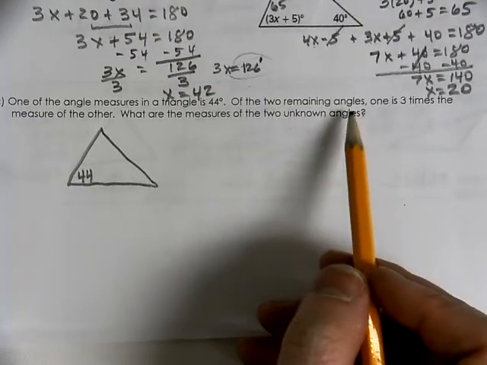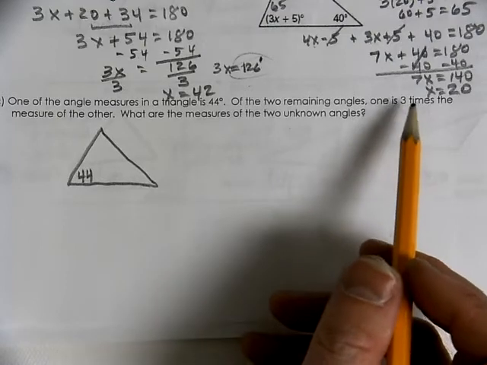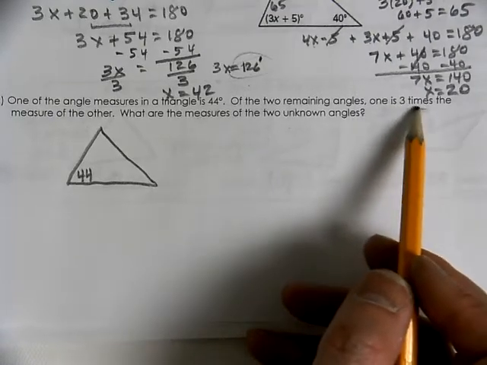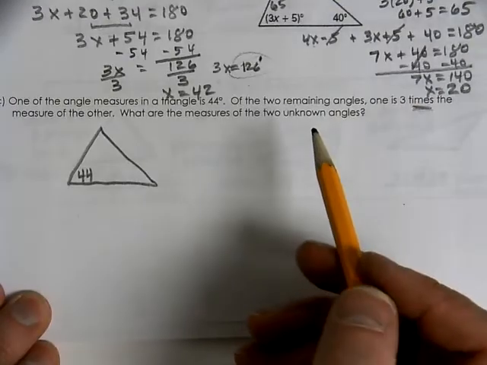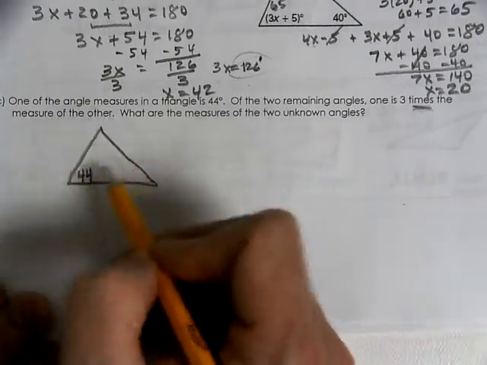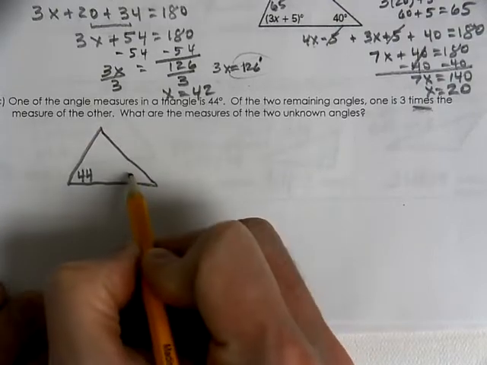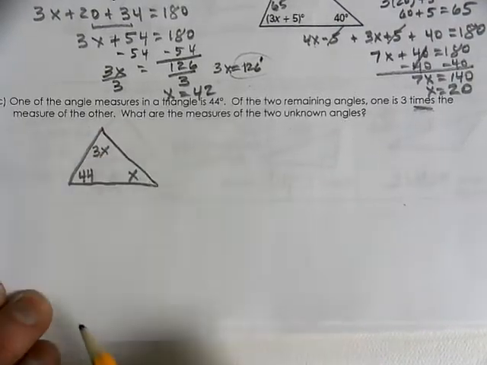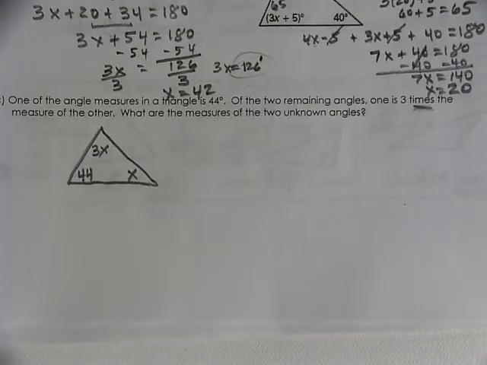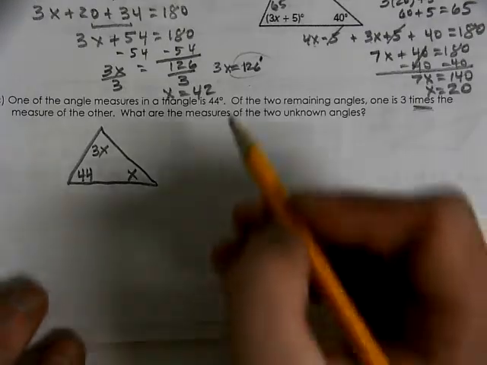Of the two remaining angles, one angle is 3 times, that's the key term there, 3 times the measure of the other. So 3 times as big, you're going to have an angle worth x, and you're going to have an angle worth 3x. One angle, the other one is 3 times that amount. We don't know the measure of either one of them.